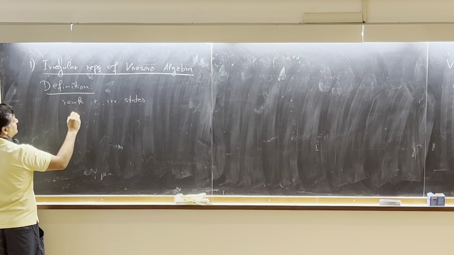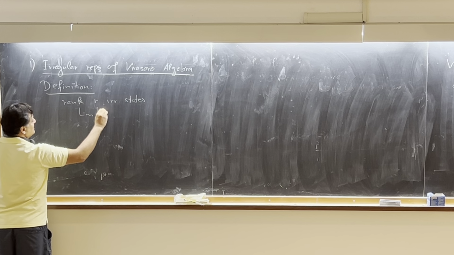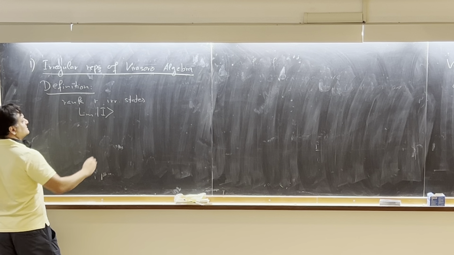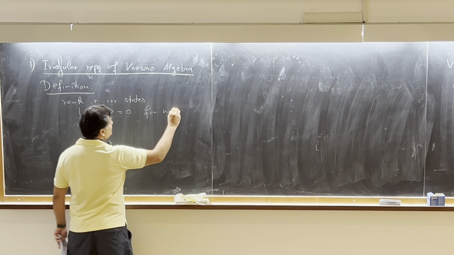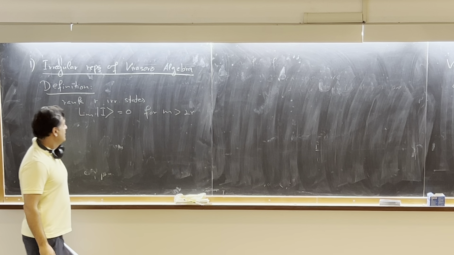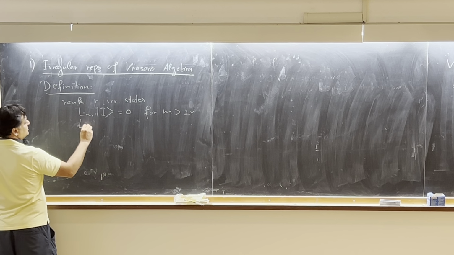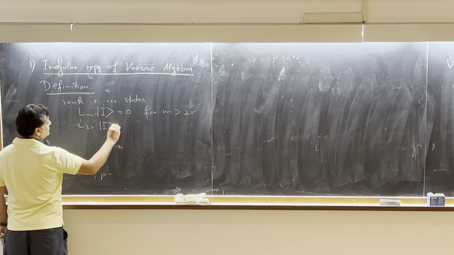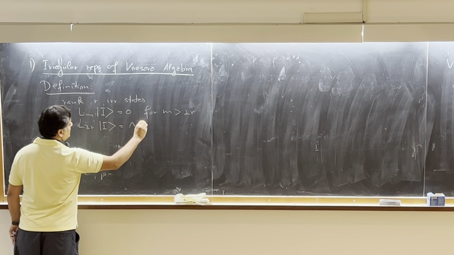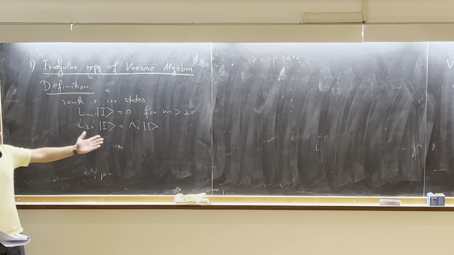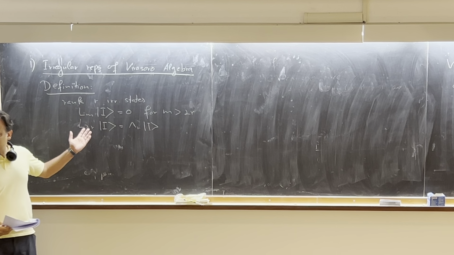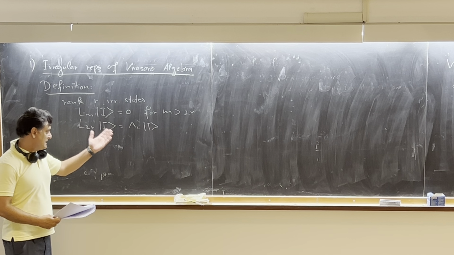You will have L_m acting on this irregular state is 0 for m greater than 2r, and you will have L_2r acting on it giving lambda_r times the state. So this is already the novelty here, that these guys, which should usually annihilate the state, the highest weight state of the representation, do not.